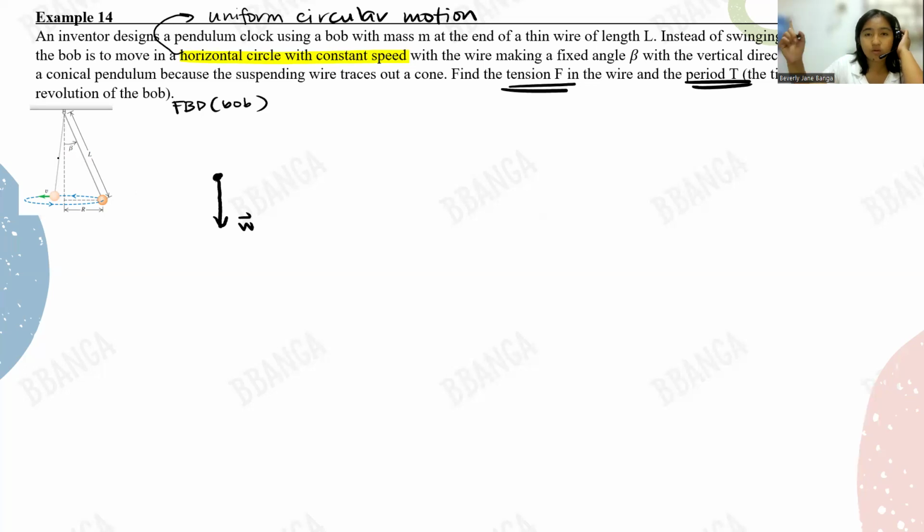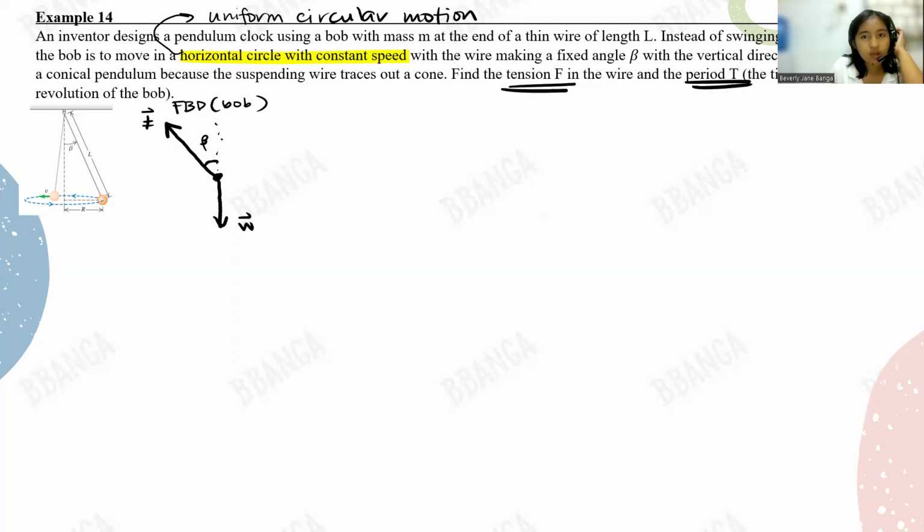So, habang umiikot siya, laging naka-angle with beta yung wire from the vertical. So, ganyan yung ating force, yung tension. And it has always an angle beta. Yung beta natin. So this is force and this is angle beta.